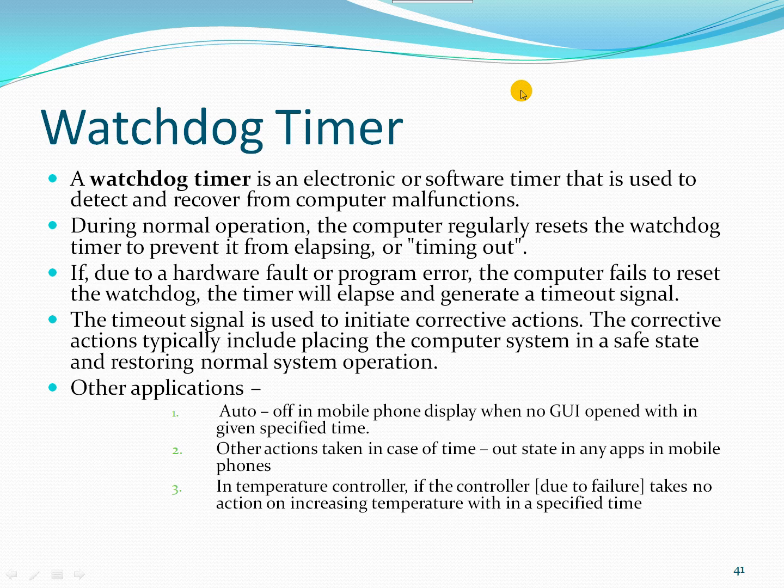In most cases the microprocessors have software timers installed inside the software of the microprocessor, which is used to detect or recover the computer application from malfunctions of the computer.